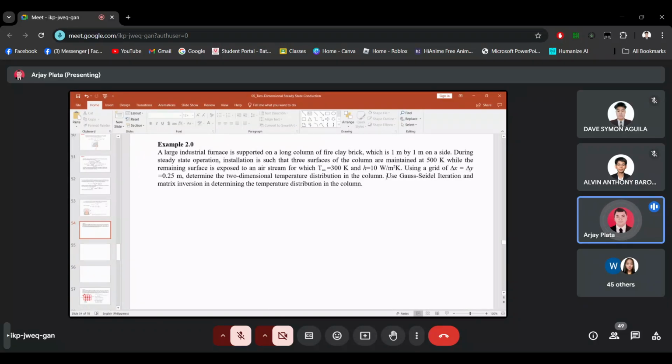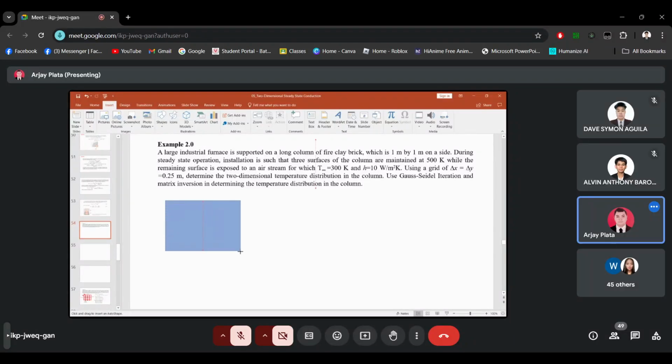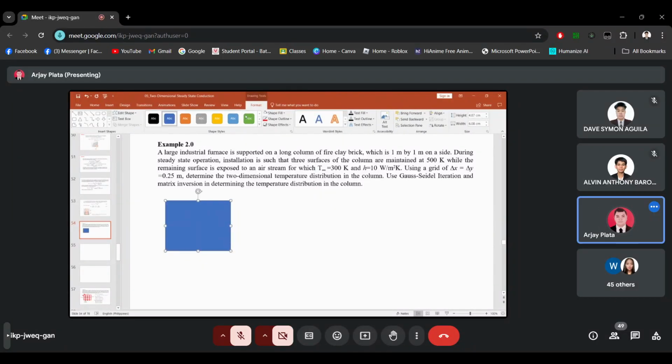First, we have to create the figure for you to be able to understand it better. As shown in the problem, there is a 1 meter by 1 meter fire clay brick.